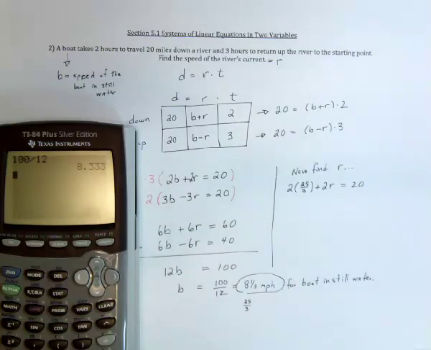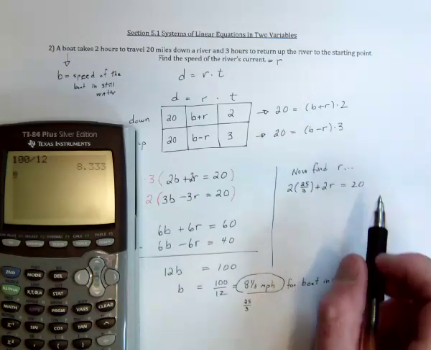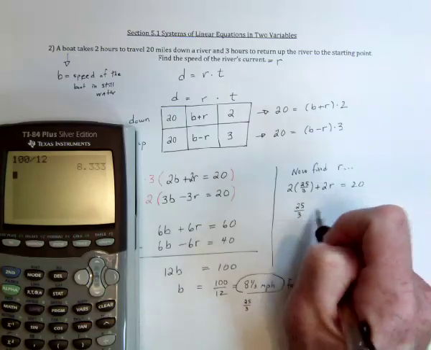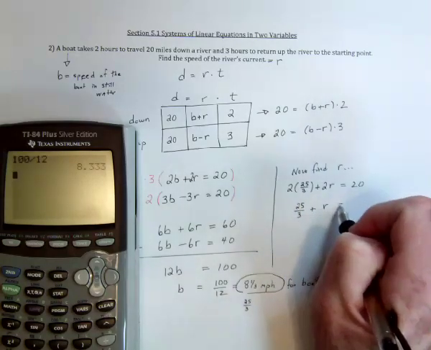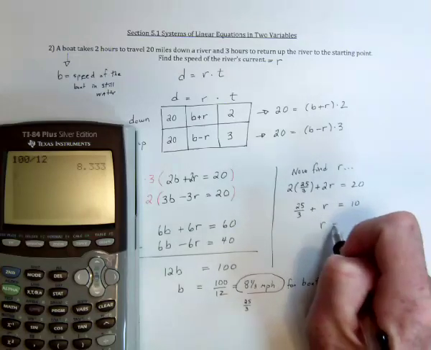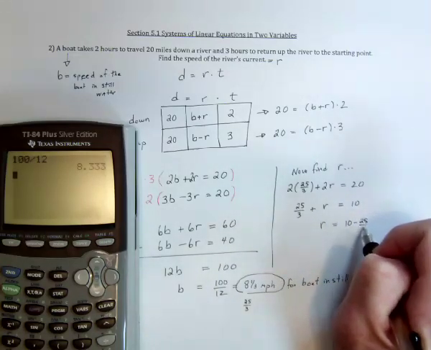But I just noticed that this has a 2 and this has a 2 and this has a 2, so I could actually divide everything by 2 and simplify things. So divide all terms by 2, and then we're almost done. Now subtract 25 thirds from both sides, and the river is going to be 10 minus 25 thirds.